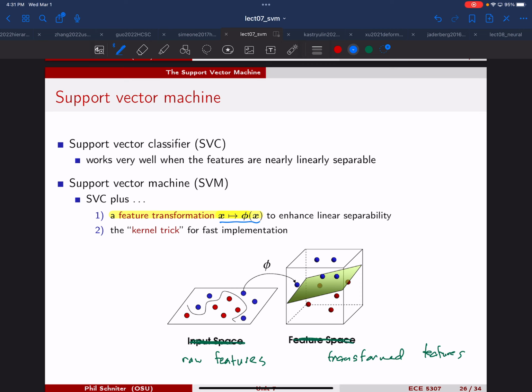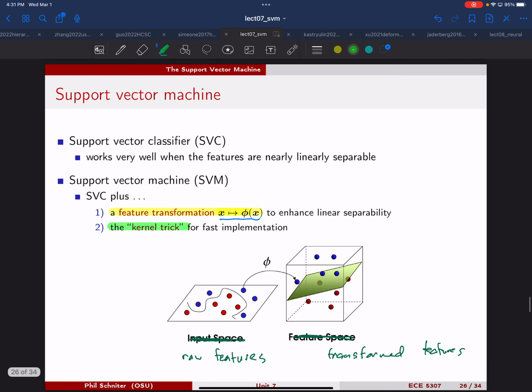Everything's going to run slower, and that can be a problem. Maybe we have overfitting, all that stuff. So to get around that, instead of using an explicit phi, we're going to avoid phi altogether by using something called the kernel trick. The kernel trick is just sort of a computational thing in a way, but those are the two ideas that we're going to put together. We're going to see a huge boost in performance over the standard SVC.